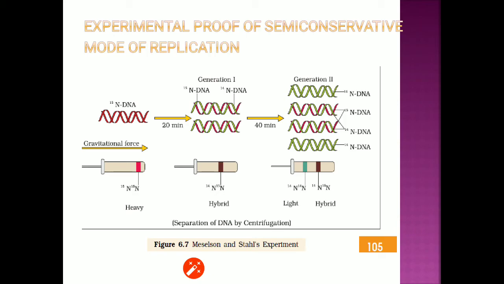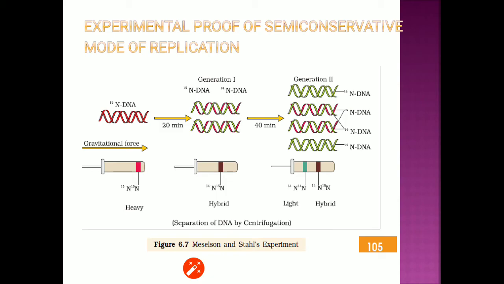Now have a look at the experiment again in detail. We have incorporated 15N into the DNA of the bacterial cell. Now we let it multiply for 20 minutes in a medium having 14N as the source, that is 14NH4Cl.